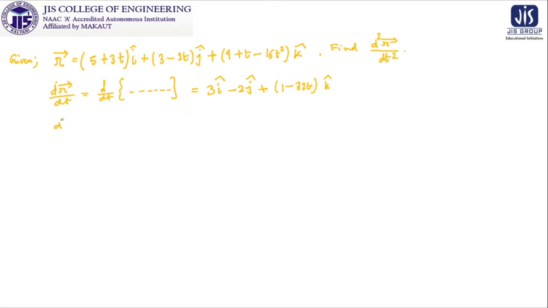And finally, the next step for the desired question is d²r/dt², which means you have to again differentiate this expression with respect to t. You see that this one is independent of t, this one is independent of t, so they will vanish. Only this minus 32t k will be differentiated with respect to t and will give us the result as minus 32k.